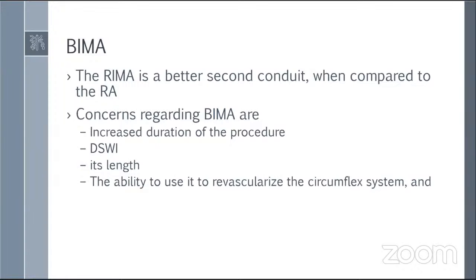So the increase in risk of infection was mainly found in diabetics. I read in one article that it was not diabetes itself that is increasing the risk of deep sternal wound infection in patients with bilateral grafting, or is it glucose control?